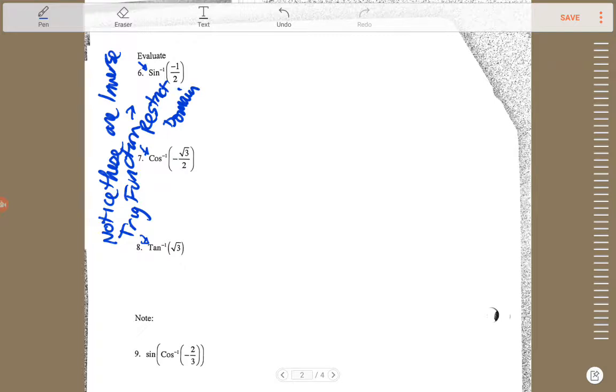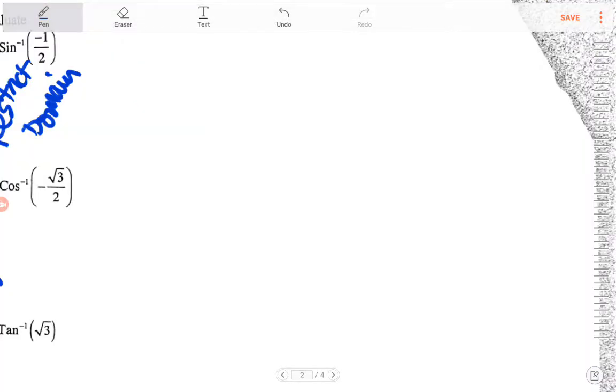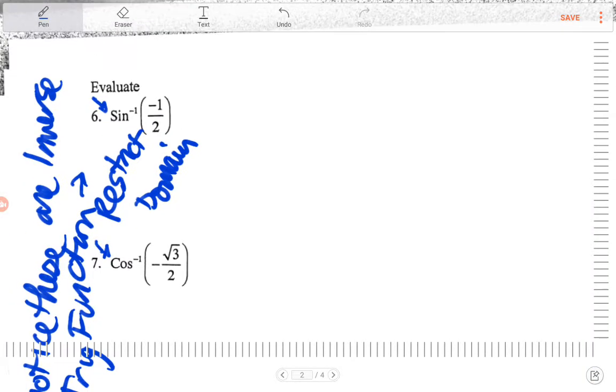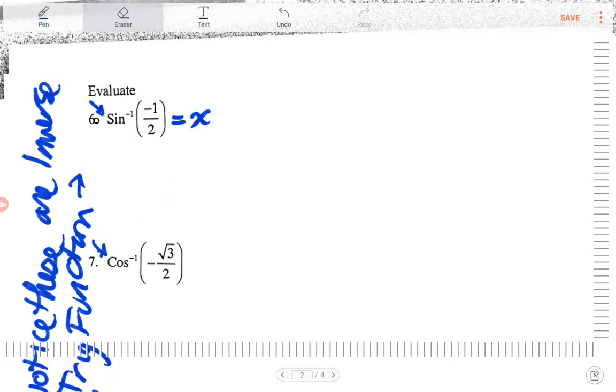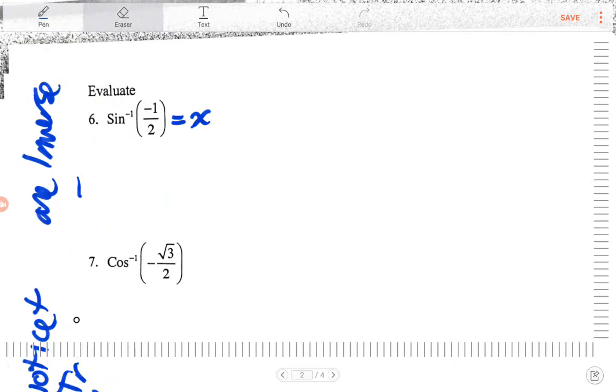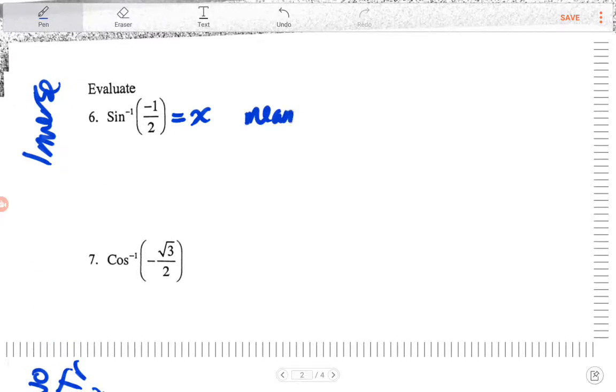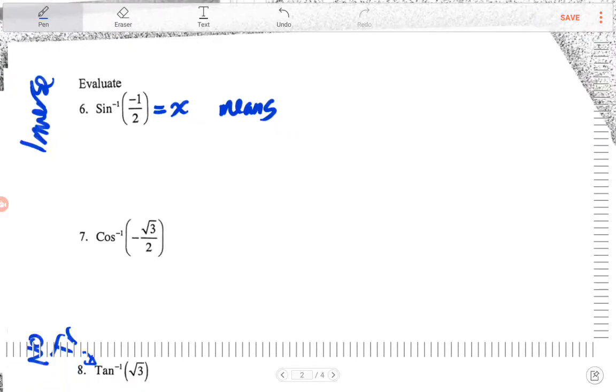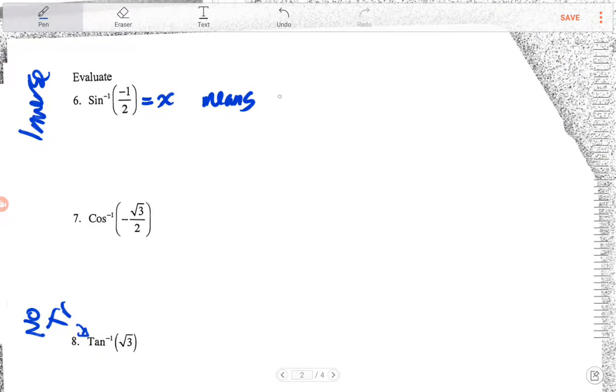So when we look at these questions here, let's take a look at number 6 first. It says arcsine of negative half. Now for each of these problems, because we don't know what this is, we're going to say it's equal to x. And the idea here is that if we reinterpret that, this is the same thing as saying, let's solve sine of x equals negative half.